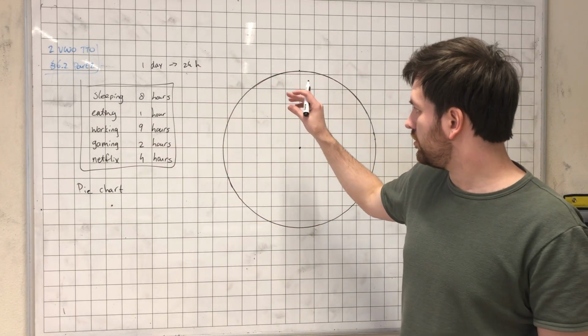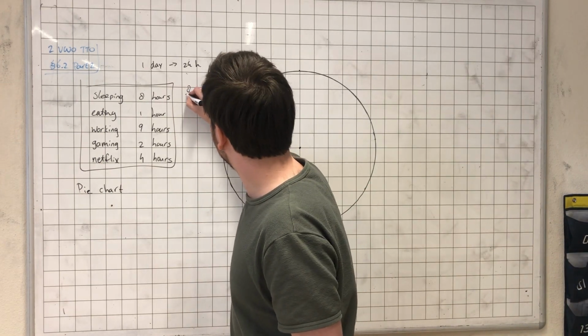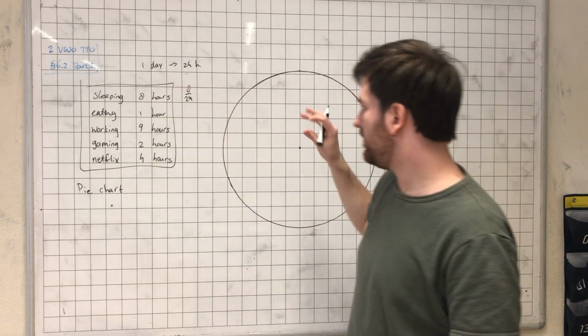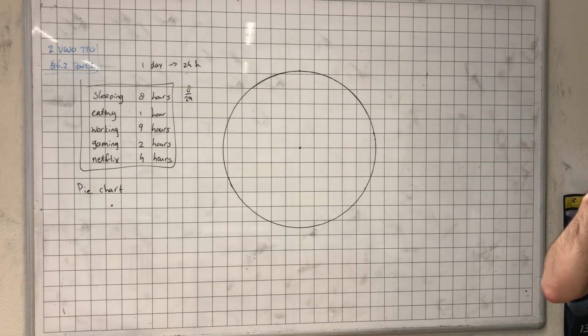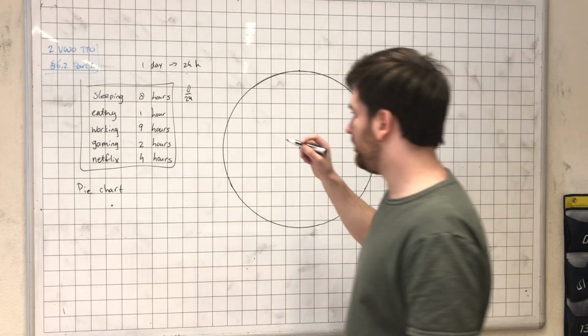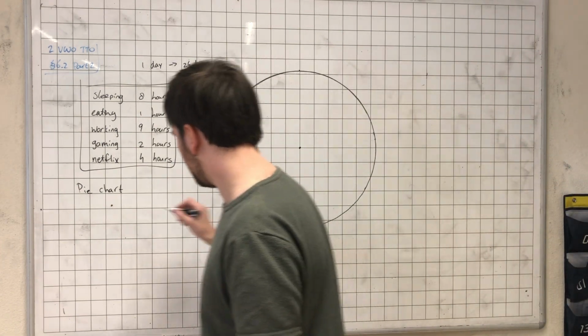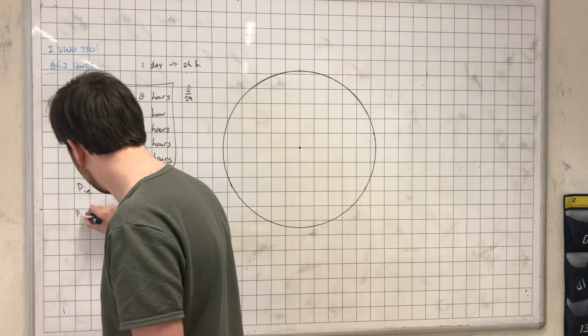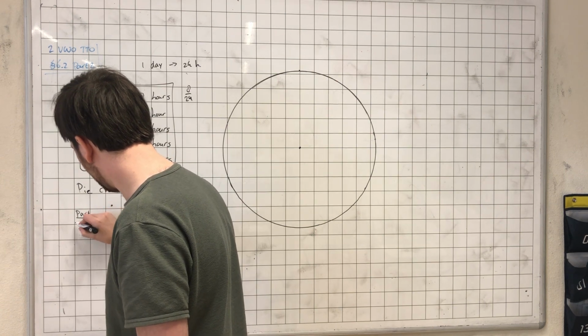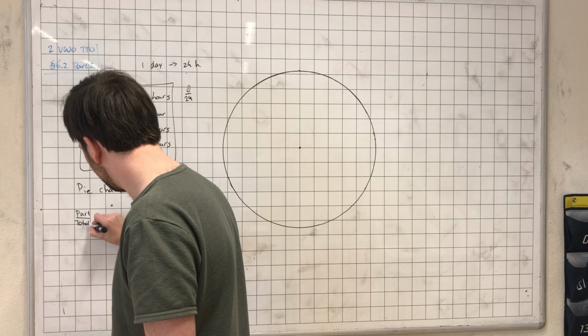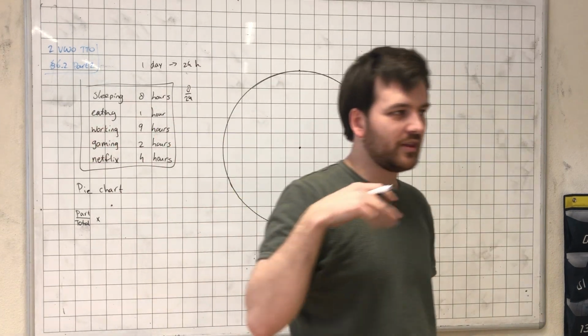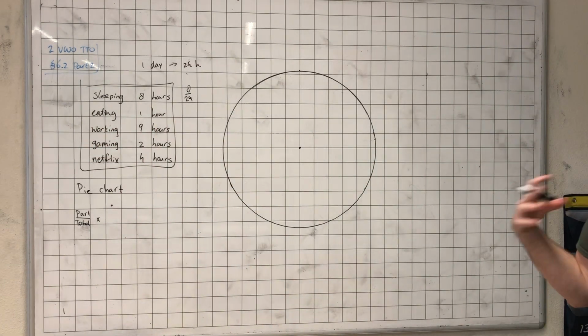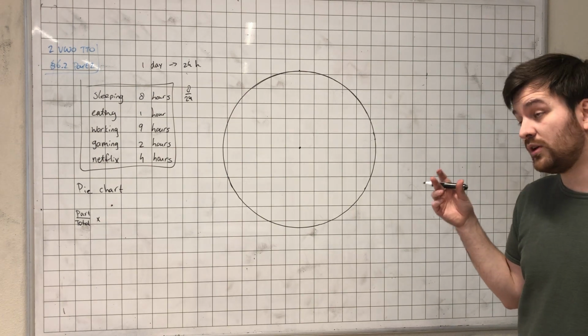So 8 over 24. But then you have to think, how big is this sector going to be? You can calculate that with a formula, and that's basically part over the total amount. And you would think maybe times 100, but then you get a percentage, and we don't want a percentage.